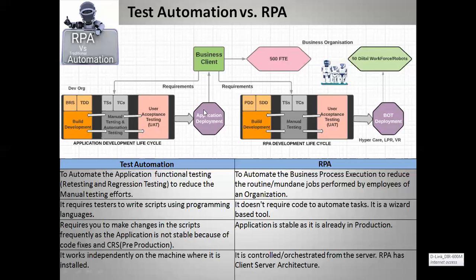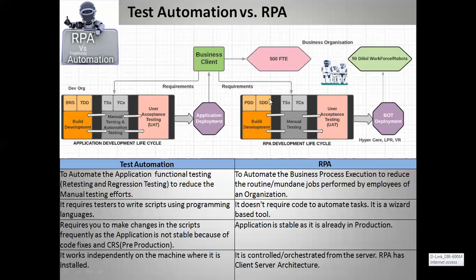Okay, and once the application is deployed into the production environment, the employees of the business organization will use the application. And let's say 2 years pass and the client has been paying his employees for executing the business process. And then he comes to know about the RPA solution. Now let us understand what RPA is. So he will provide all the business process requirements for each and every business process.